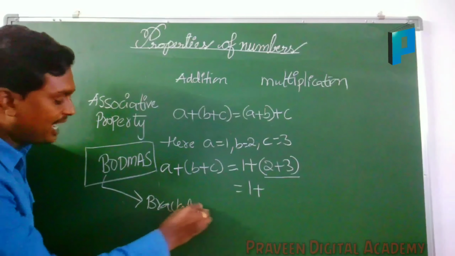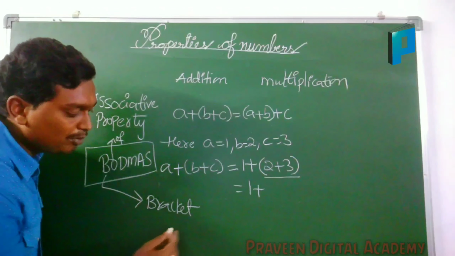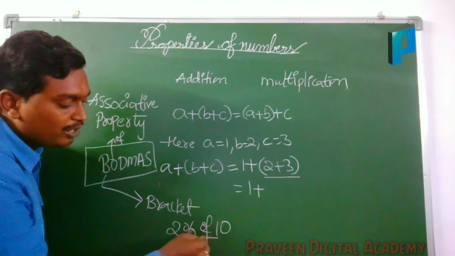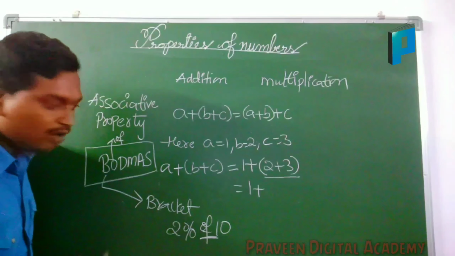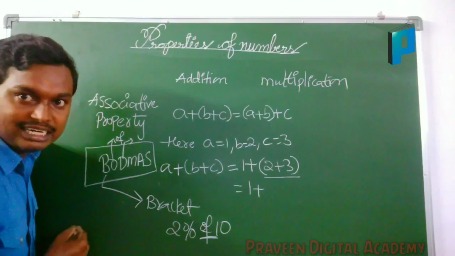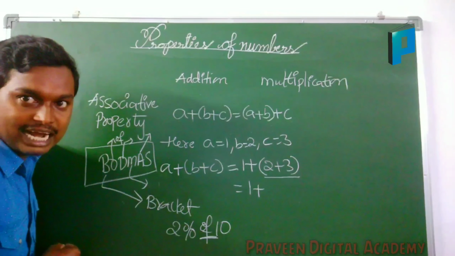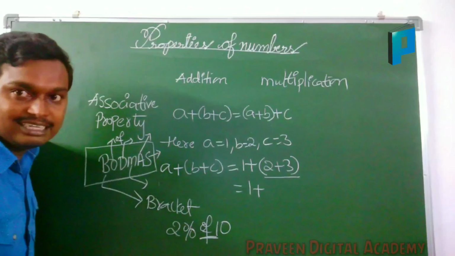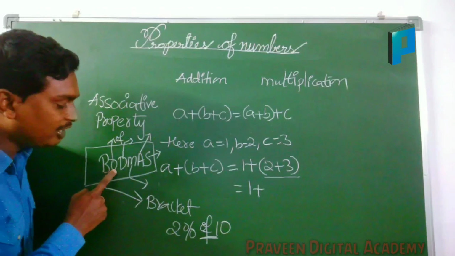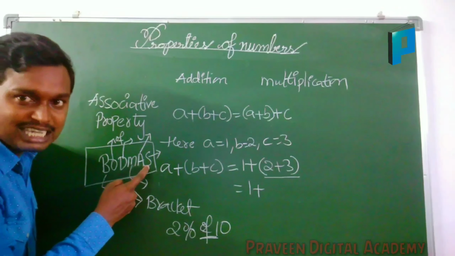O indicates of, OF. In some problems you will have something like 2% of 10. Wherever you have an 'of', we will solve that next. Next, D indicates division, M indicates multiplication, A indicates addition, S indicates subtraction. Simply, BODMAS means brackets, of, division, multiplication, addition, subtraction.